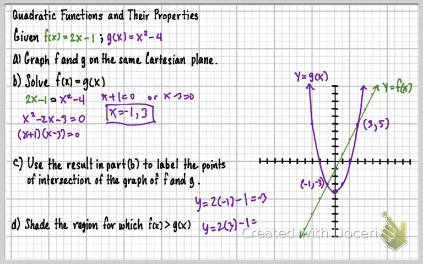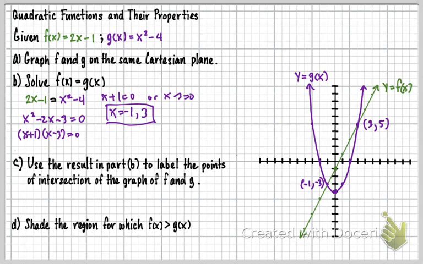Now the next one, it says shade the region for which f of x is greater than g of x. So for this last part, to see where f of x is greater than g of x, it says shade that region. So when I look at my graph, my f of x is the line and my g of x is the parabola. So essentially all I have to look for when I look for f of x being larger, they mean those y values.